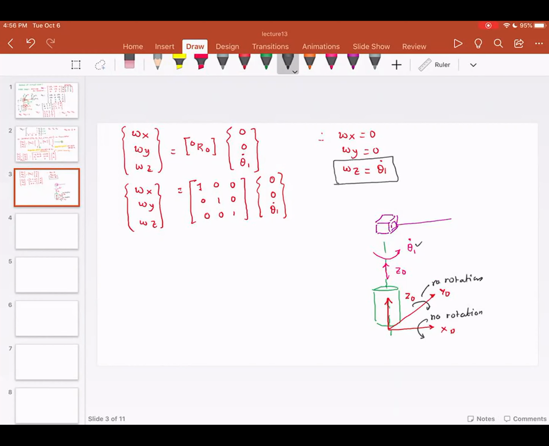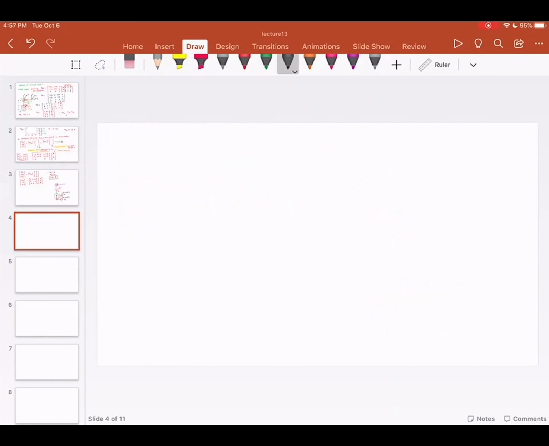So this is how you would solve the problem. Now what I'm going to do is take the second problem. In the second problem, we actually solved this problem for inverse kinematics. So now what we have here is a revolute joint, then another revolute joint, and then this revolute joint has a prismatic joint.